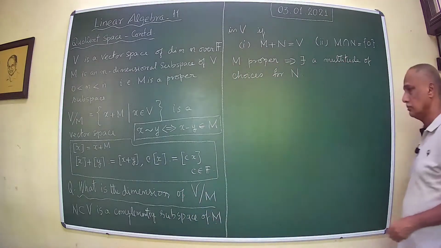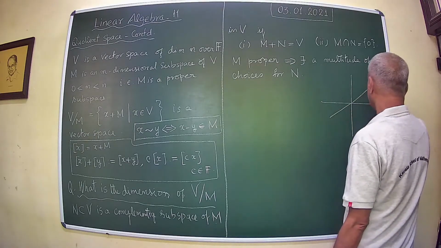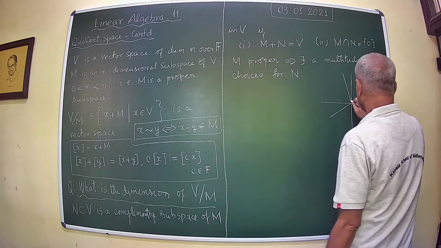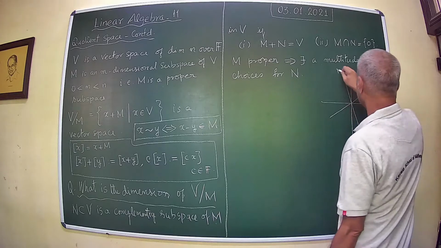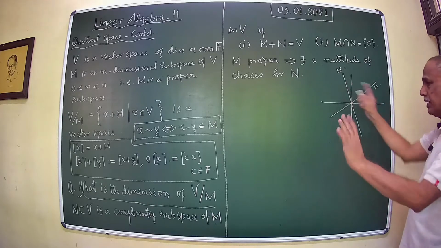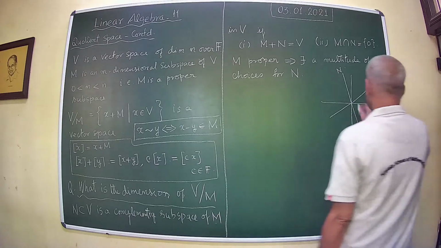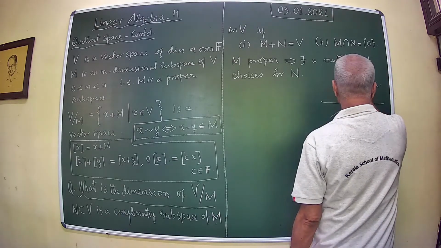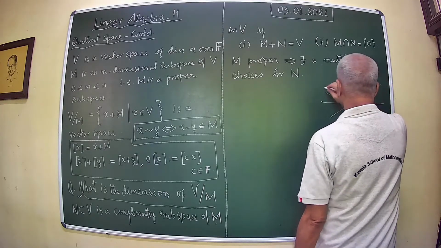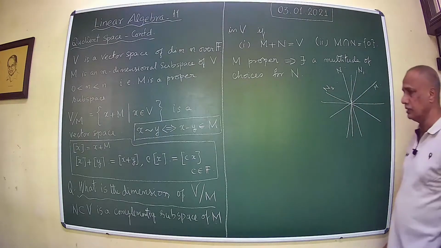Something as we have seen in R2, we have this is N, then any line parallel to that would also be an N. Okay, the only thing is that M and N cannot be identical. So every line, this could be an N, this could also be an N, this could also be an N. So N1, N2, all these are complementary subspaces.